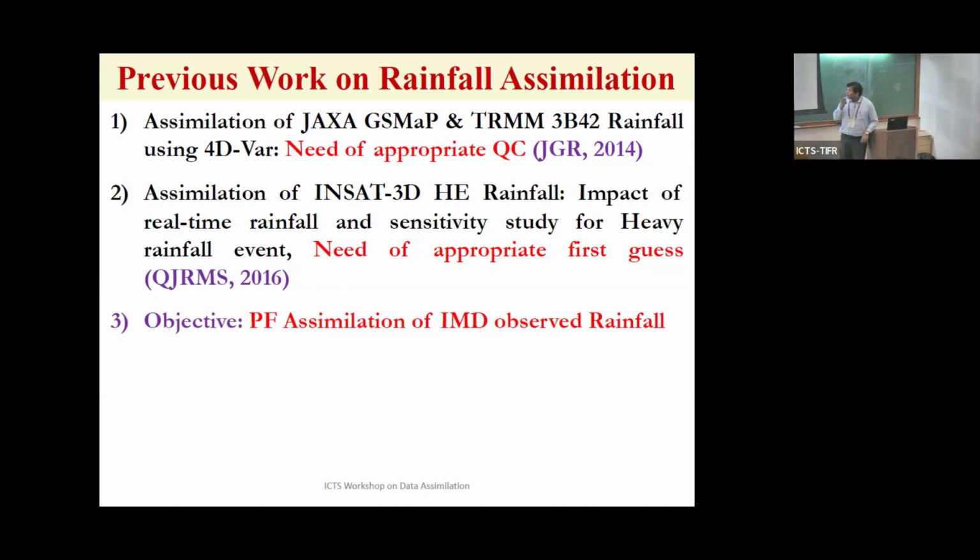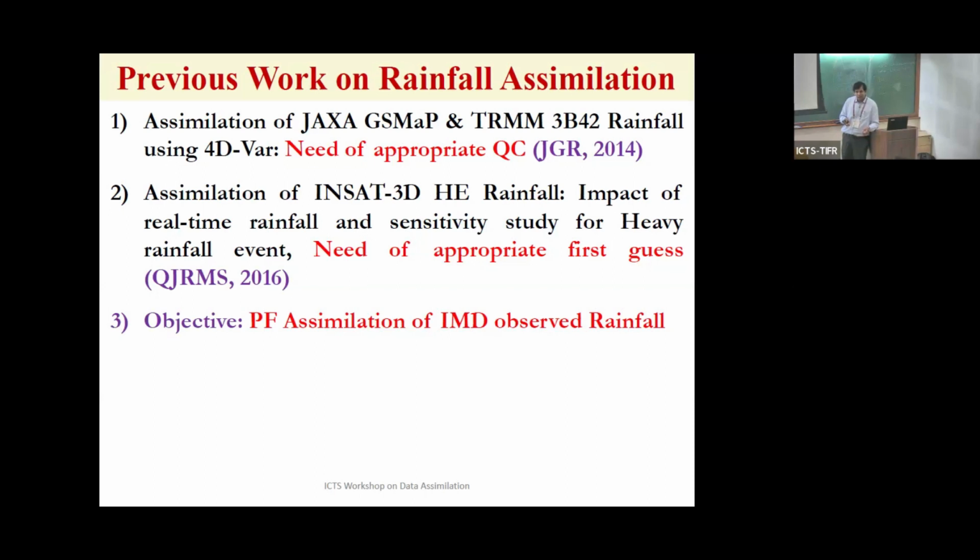Then I did some work on how quality control is important for rainfall estimation. At the same time, Lin also did some work on the conversion of non-Gaussian to Gaussian for rainfall estimation. And I also tried something on how the first guess is crucial for rainfall estimation.